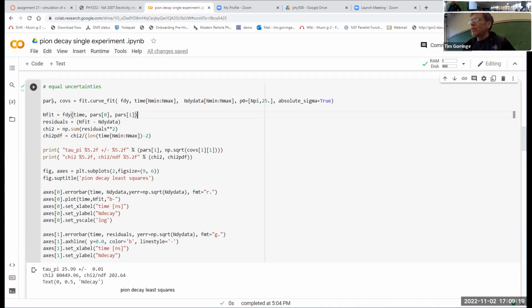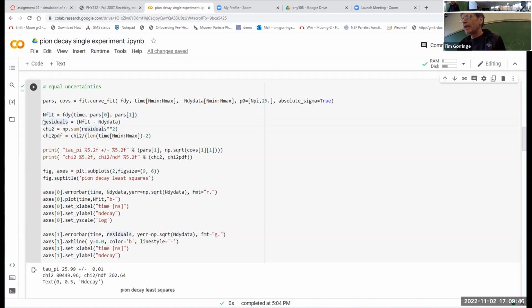It returns the best fit values of the two parameters and the uncertainties on them in this covariance matrix. I also wanted to calculate the chi-squared for the fit to see the quality of the fit. So I calculated the best fit function here by calling the function with the best fit values of the parameters.